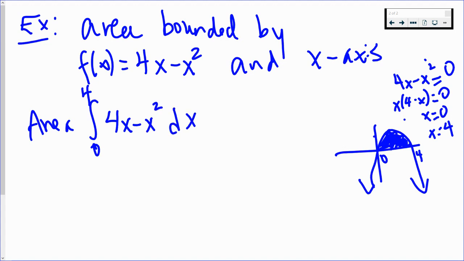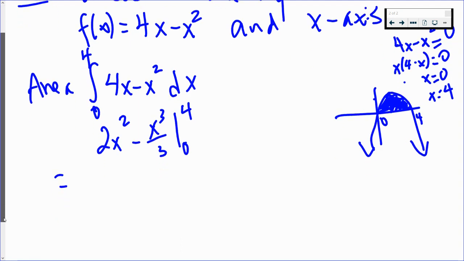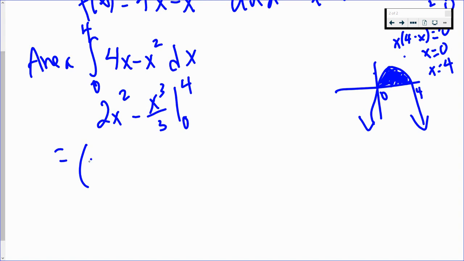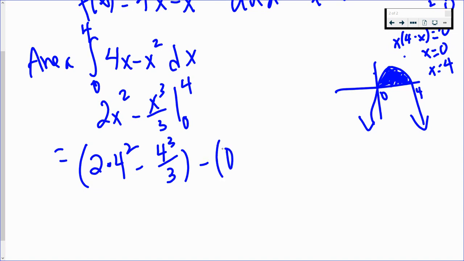If we take that integral, 4x gives us 2x squared, and the integral of x squared gives us x cubed over 3, and we're going from 0 to 4. Okay, let's plug in. If we plug in 4, we have 2 times 4 squared minus 4 cubed over 3. If we plug in 0, we get 0, so that works out nicely.